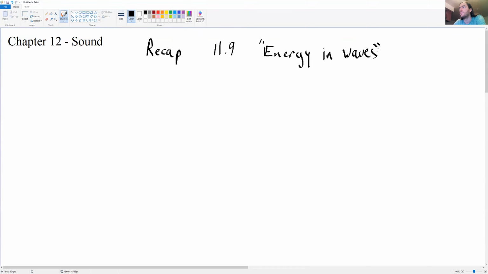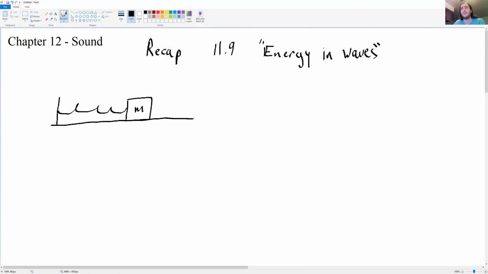Okay. The way that energy is carried in waves is not too much different than how energy is carried in these mass spring systems. In fact, in order to derive a formula for energy carried in a wave, we can draw analogy from this kind of situation here.